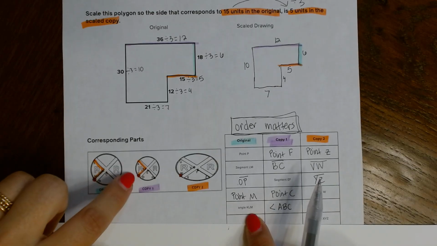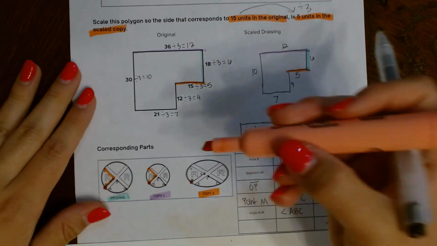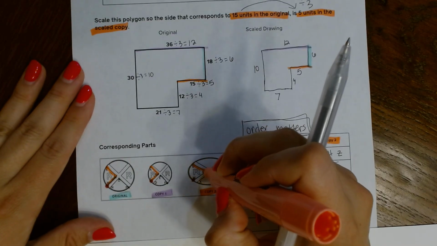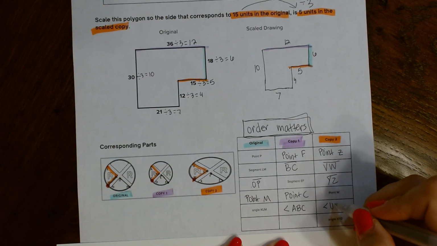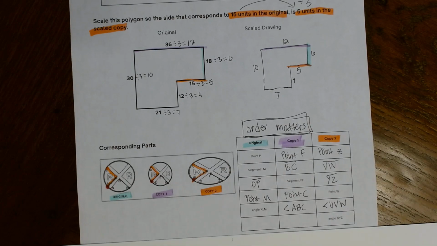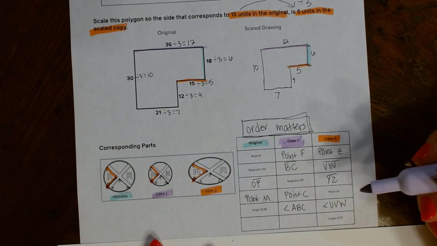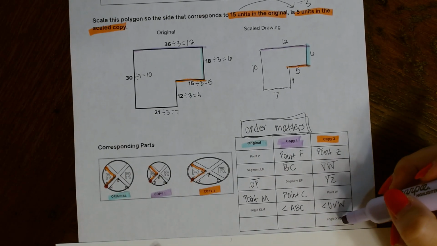KLM, ABC, and UVW. Start at the top, UVW. And it has to be in that order. UVW. And then our last angle, we are starting in copy 2 at angle XYZ.